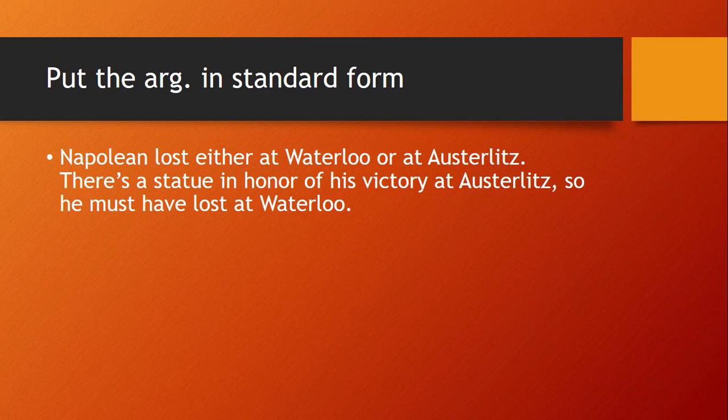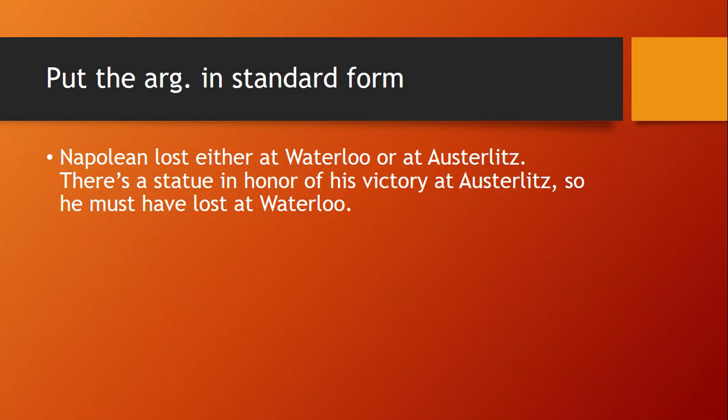So we have the conclusion. We see an indicator word there, so, and given the context of this passage, this so is a good indicator word. The conclusion is that Napoleon must have lost at Waterloo. We're not going to say he must have lost at Waterloo, but we're going to use Napoleon lost at Waterloo.